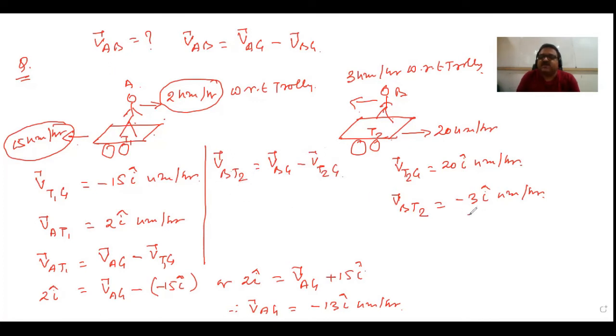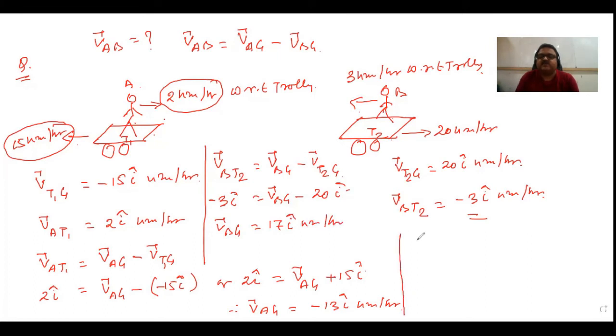It is given, minus 3 i cap. And what is the velocity of B with respect to ground? We don't know. And the velocity of T2 with respect to ground is 20 i cap. Now, if I take it to that side, the velocity of B with respect to ground will be 17 i cap kilometer per hour.